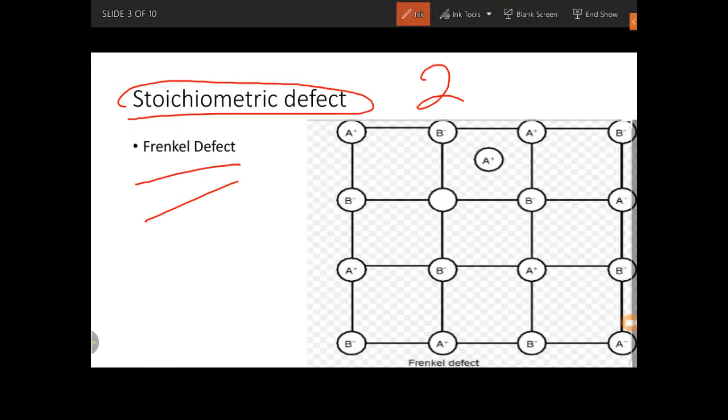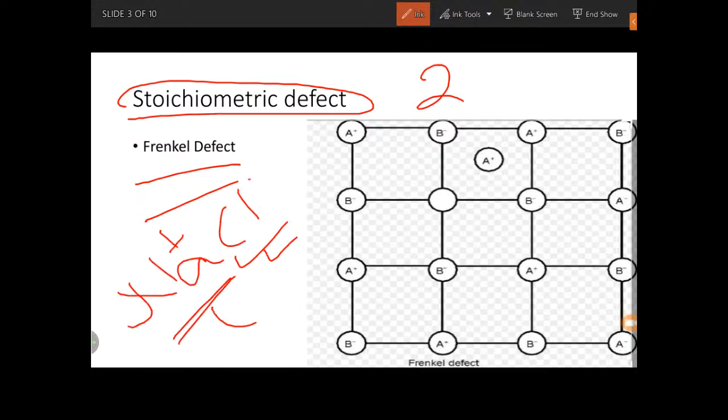Now when we talk about Frenkel defect, see, this is a crystal. Just imagine it is a crystal of NaCl, where Na is the positive part and Cl is the negative part. During the formation of the crystal, a pattern is followed: A plus, B minus, A plus, B minus.